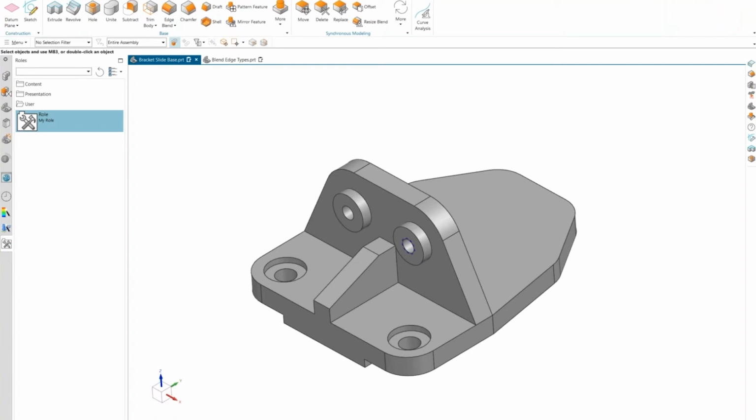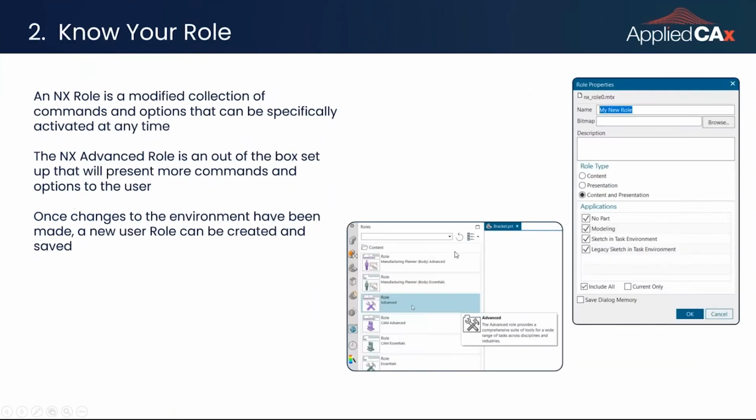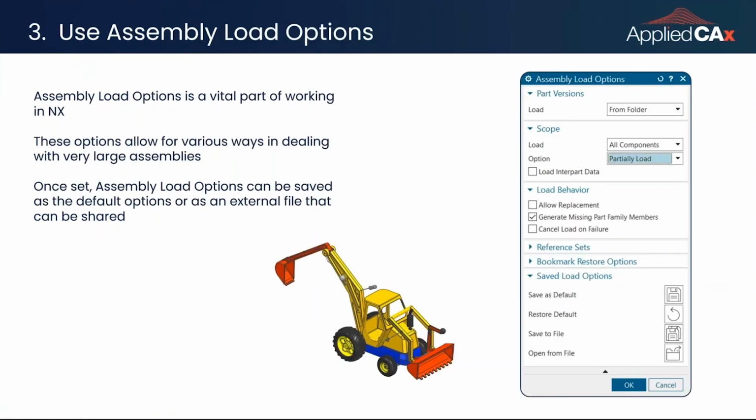So once we've customized our environment and saved it as a role that we can get back to, the next main thing we want to make sure and do is get into our assembly load options. Assembly load options is a really important aspect of NX.